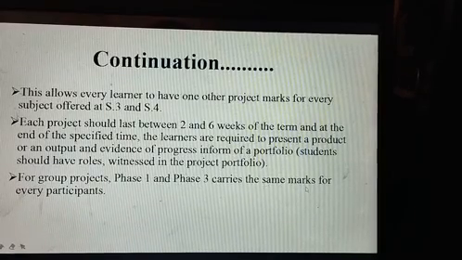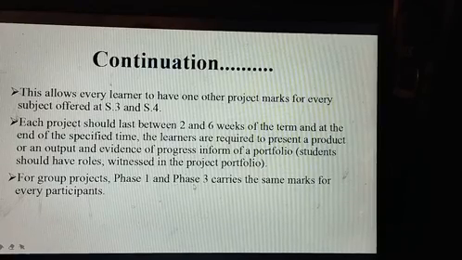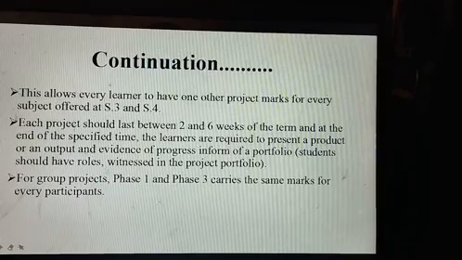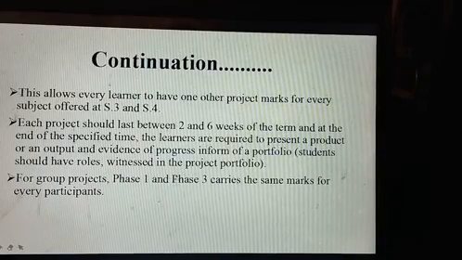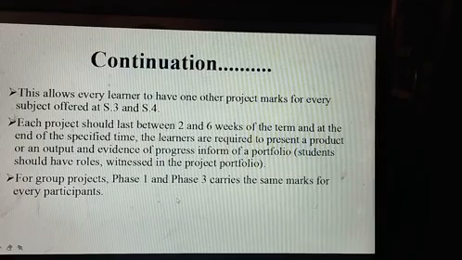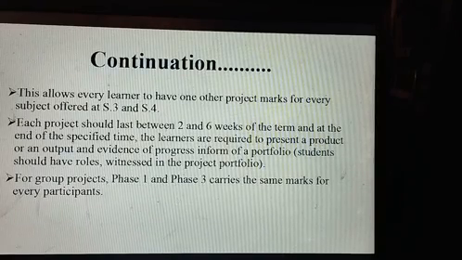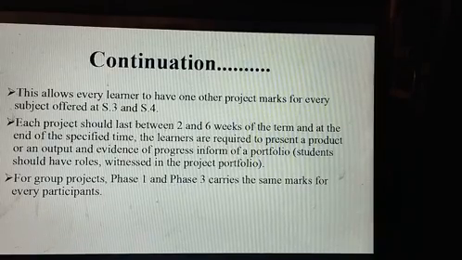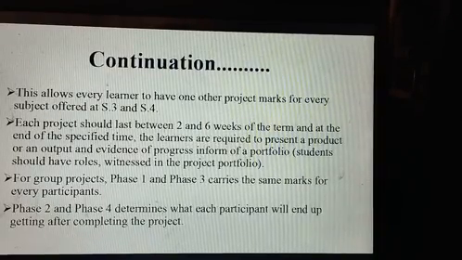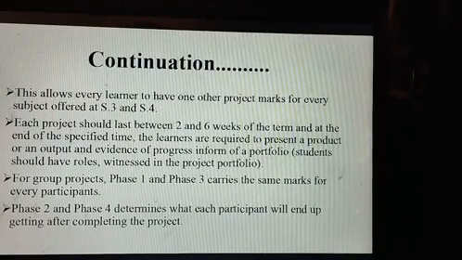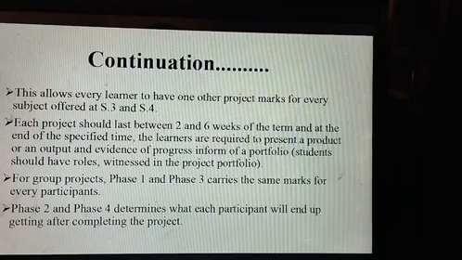These ones will carry the same marks for every participant in that group. So phase 1, that is the planning phase, then phase 3, that is the product phase. But phase 2, which is the implementation phase, and phase 4, which is the report writing, those 2 phases are the ones that cause the learners not to have the same marks.